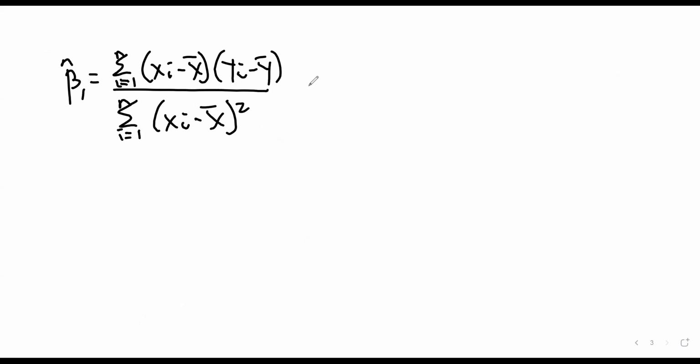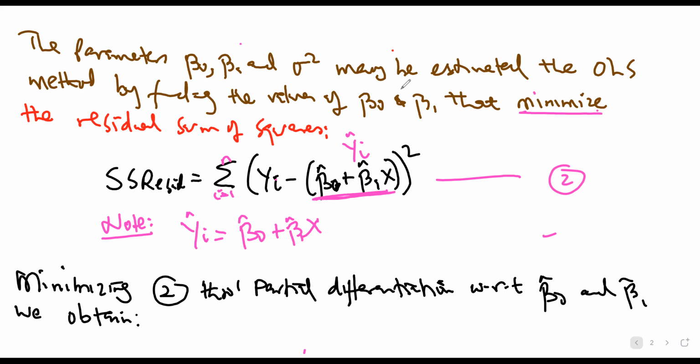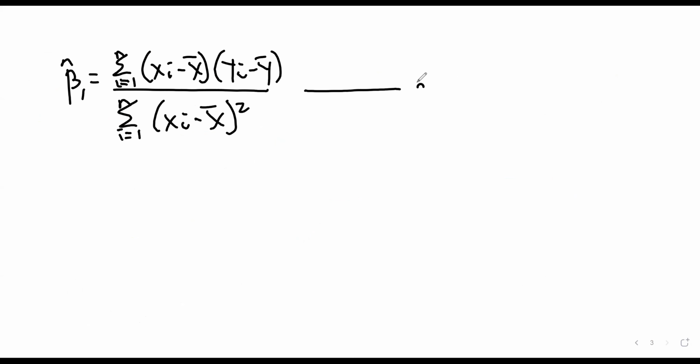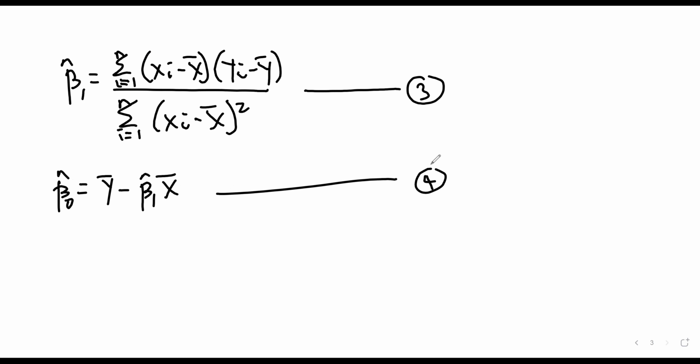We can call this equation number 3. And then we also get beta naught estimate as y bar minus beta 1 estimate multiplied by x bar. You can call this equation number 4.